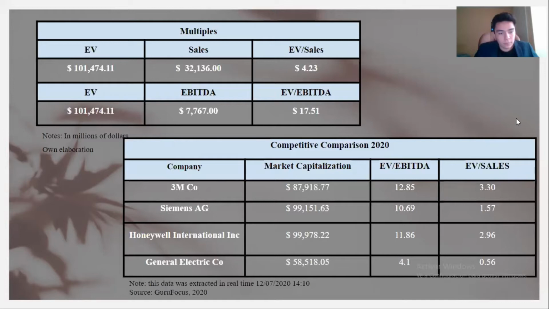Likewise, its competitors have this lower ratio since their market cap is much higher. The ratio between them is very similar except General Electric, since it's only resuming its activity.